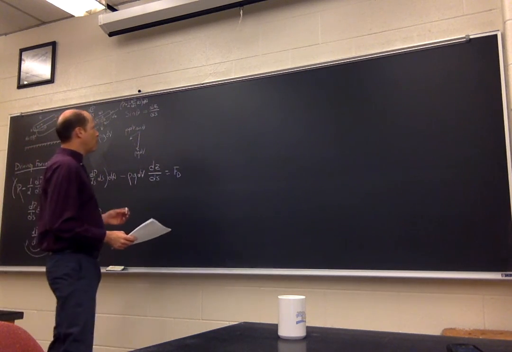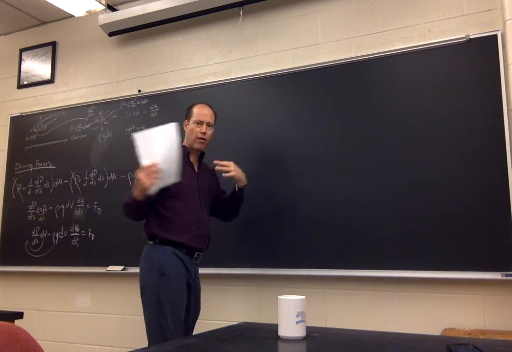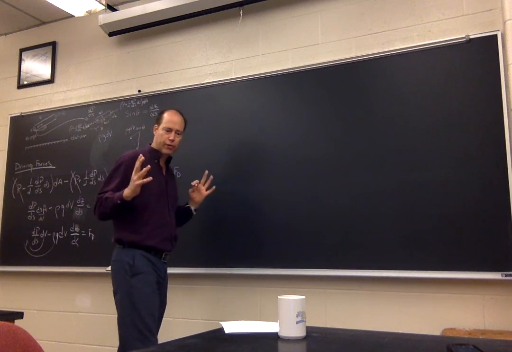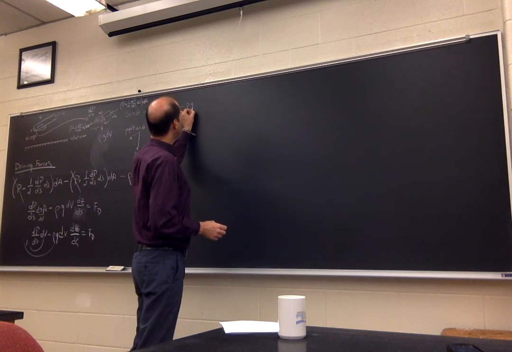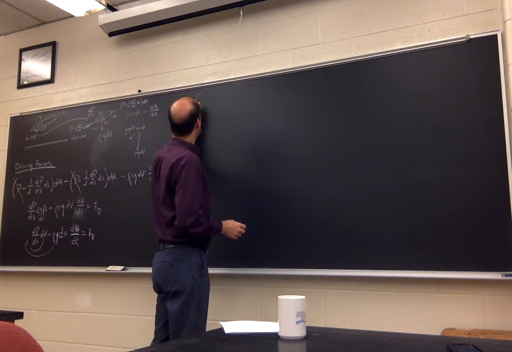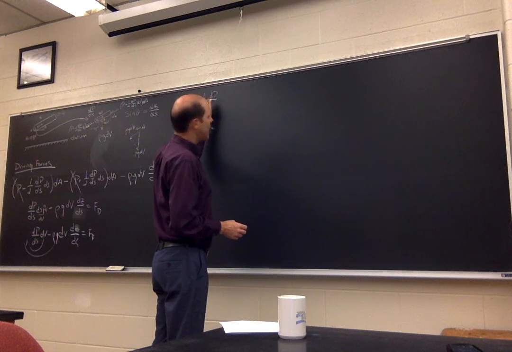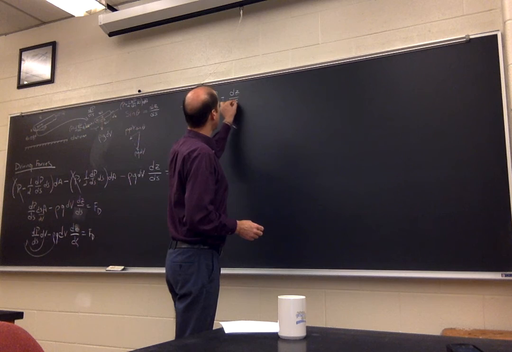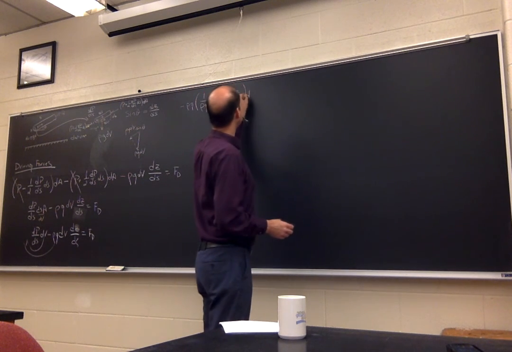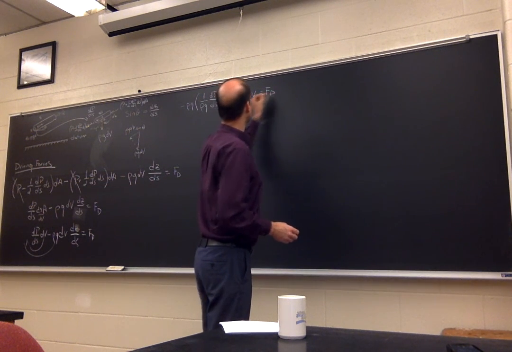So what we end up with, and I'll write it up here because this is one part of our construct for the forces, and these are the driving forces, is we end up with minus rho g times (1 over rho g dP/ds plus dz/ds) times dV, and that is equal to our driving forces.